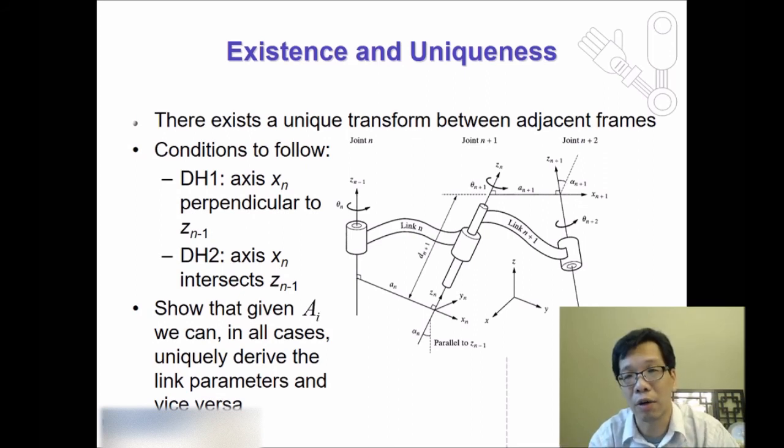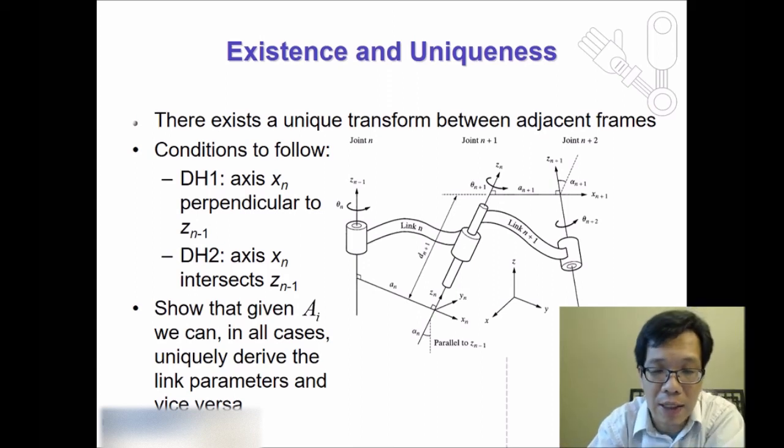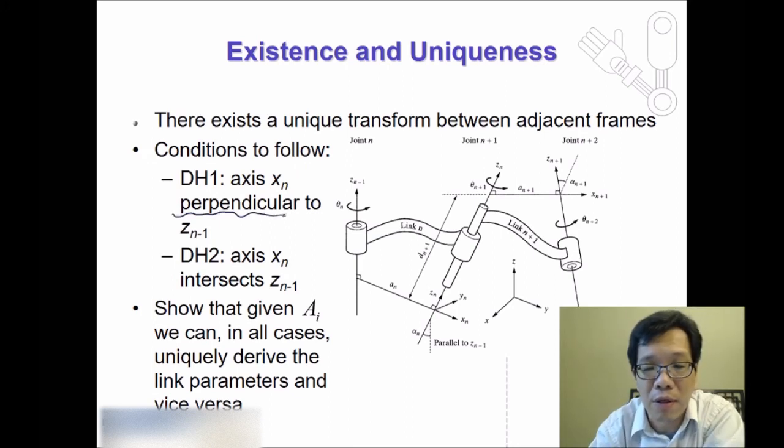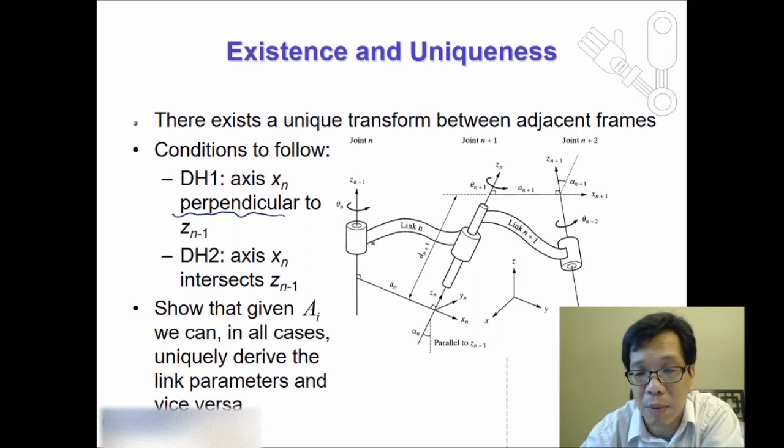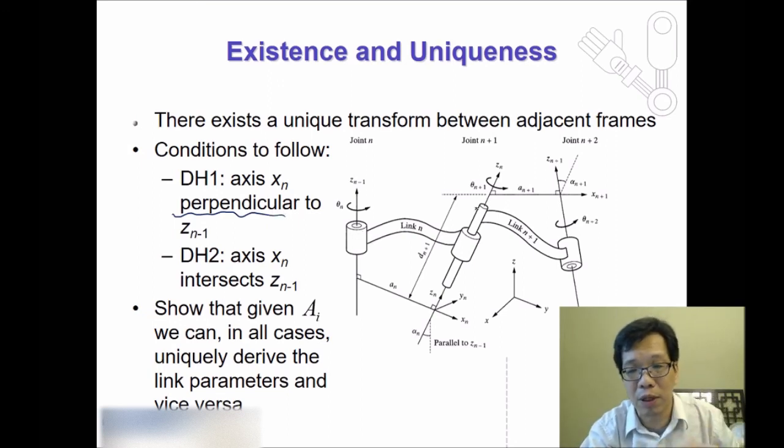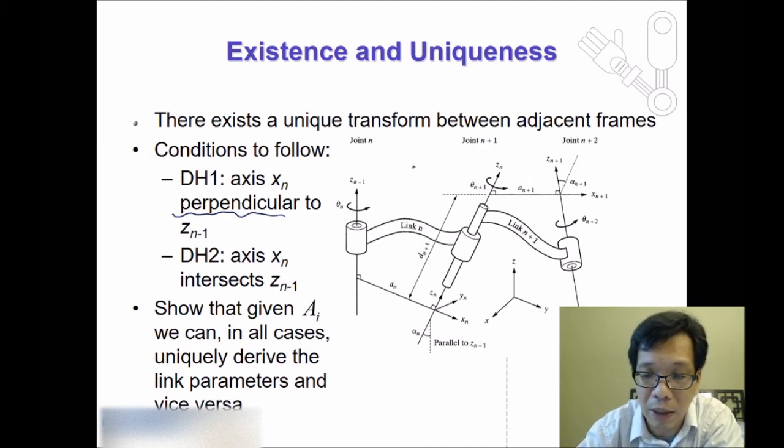We need to know how to define the x direction and z direction. The first rule is that x must be perpendicular to the previous z direction. So use this configuration over here as my example. This is my n+1 joint, and this is my n joint, and this is my n-1 joint.